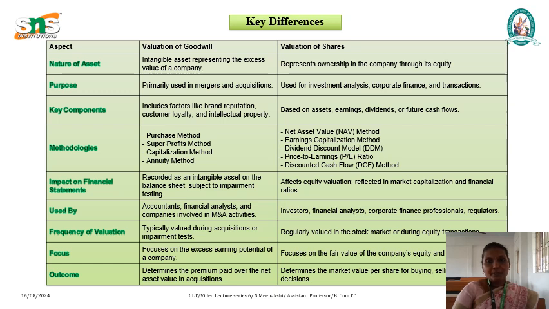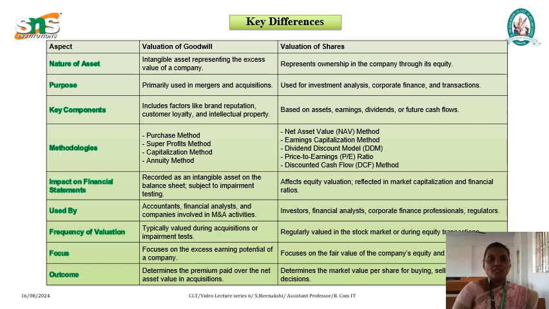Valuation of shares represents ownership in the company through its equity. So goodwill represents the excess value, and shares represent the ownership. Then on the basis of purpose, both can be differentiated. Goodwill valuation is primarily used in mergers and acquisitions, but valuation of shares is used for investment analysis, corporate finance and transactions.